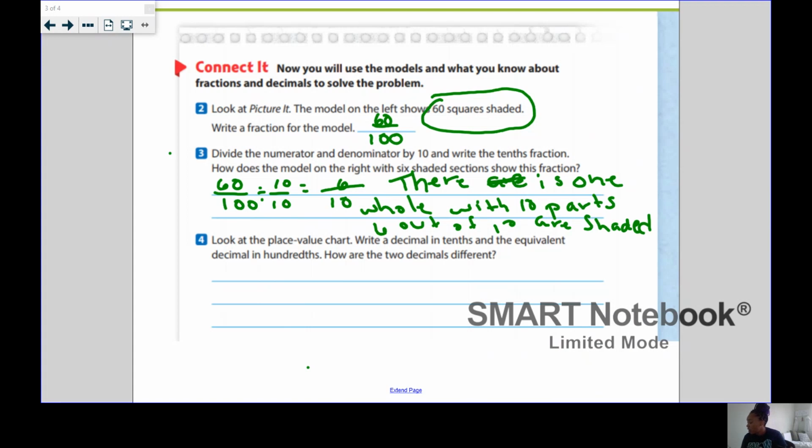Write the decimal in tenths and an equivalent decimal in hundredths. How are the two decimals different? So how would we write a decimal in tenths? So remember, we have ones, right? And then we have tenths.